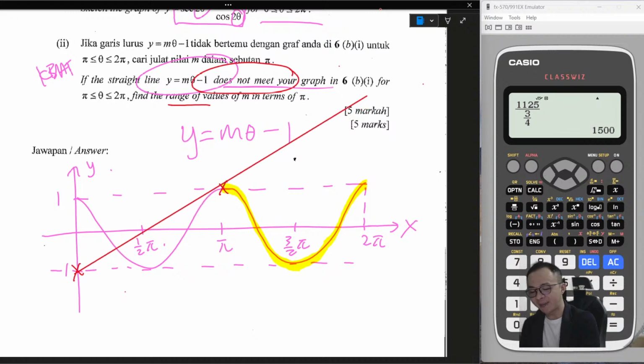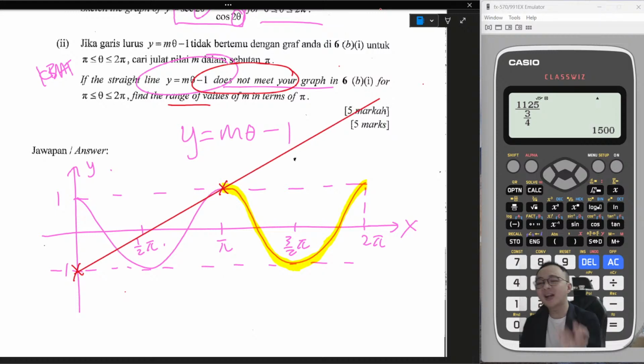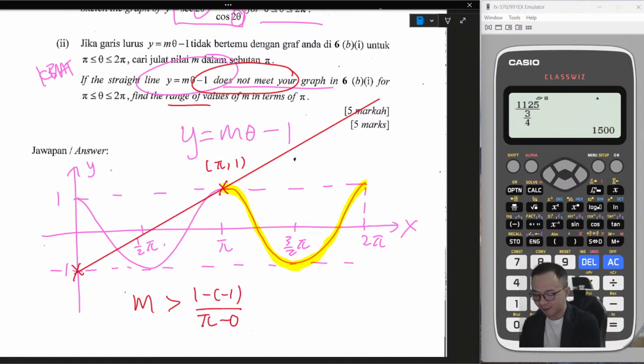If I make the gradient bigger, you can see I never intersect the graph anymore. So I want to know the gradient for this one, because m right now is the gradient, isn't it? This coordinate is not hard, this coordinate is pi and 1. So I will find the gradient of it. The gradient must be bigger than this one. Must be bigger than what? 1 minus -1 over pi minus 0, because this one is 0, -1, right?